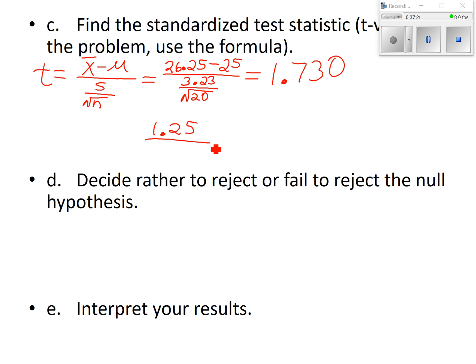Then do everything on the bottom, write the two answers down, then do the division. Okay, I got it now. I got 2.4. I wasn't dividing by the square root, I was multiplying.